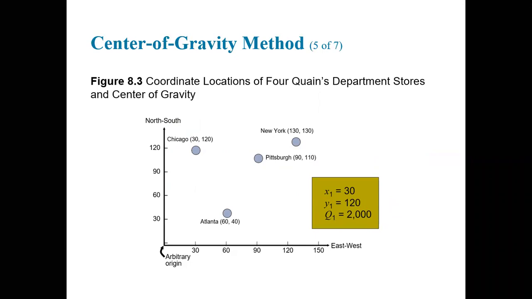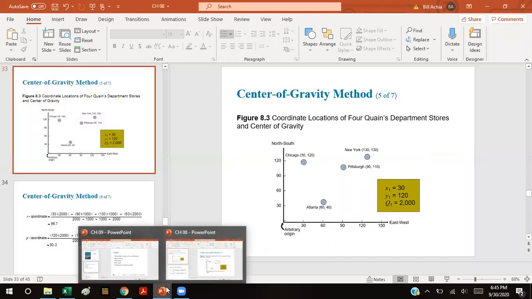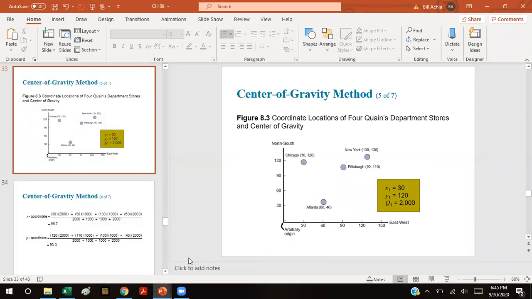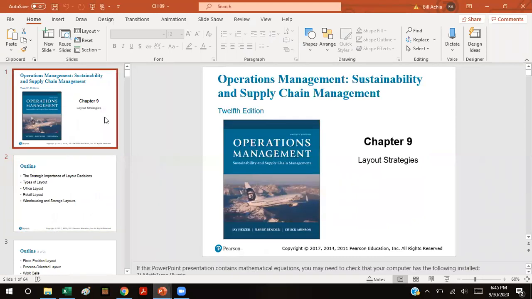But I wanted to talk about chapter 9 as well. So we now move from the location strategy, here's my chapter 9, and now we look at layout strategy. The reason why I combined these 2 chapters together is because they're both focused on something similar.